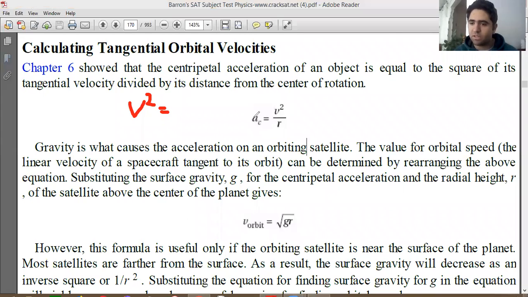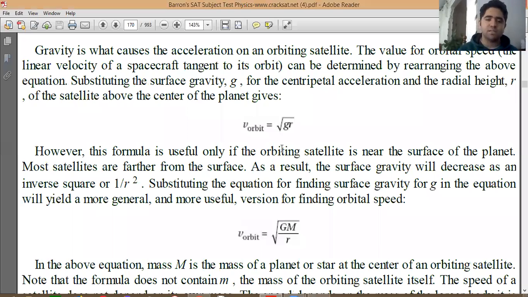We substituted a_c with g. Okay, so that's where it comes from. v squared equals gr, and so v will equal the root of gr. But this only exists if the orbiting satellite is near the surface of the planet.